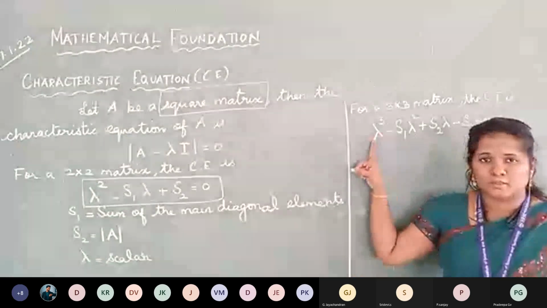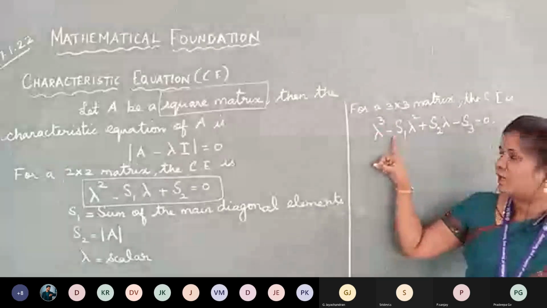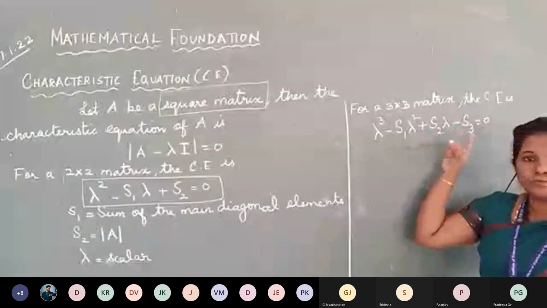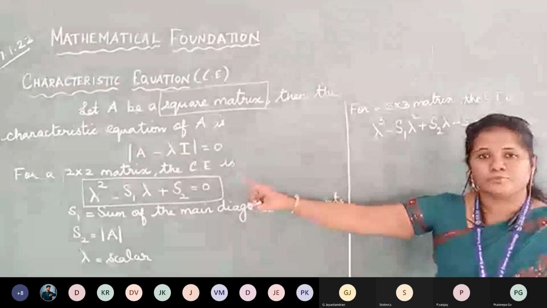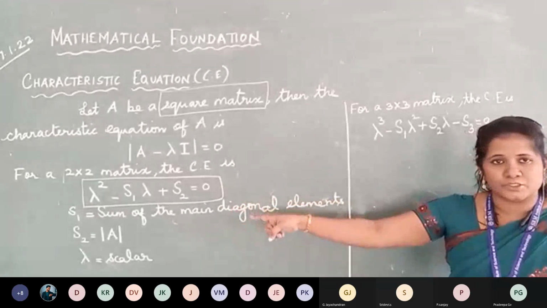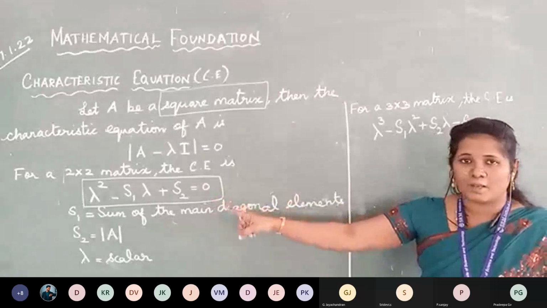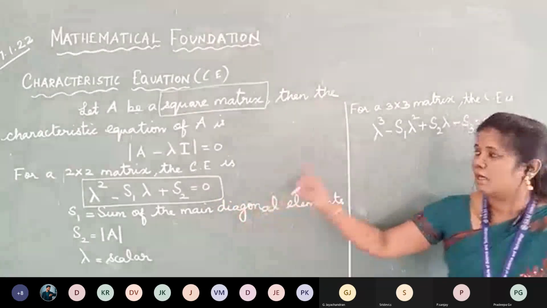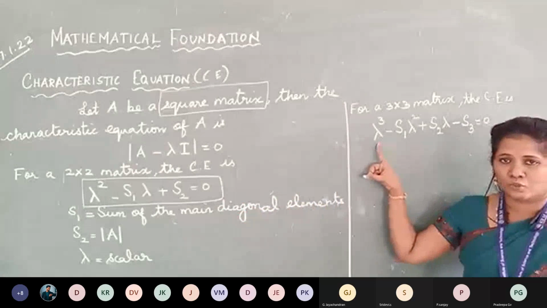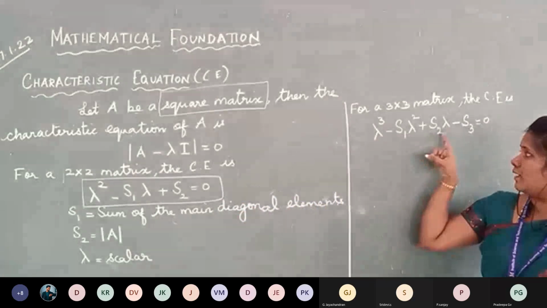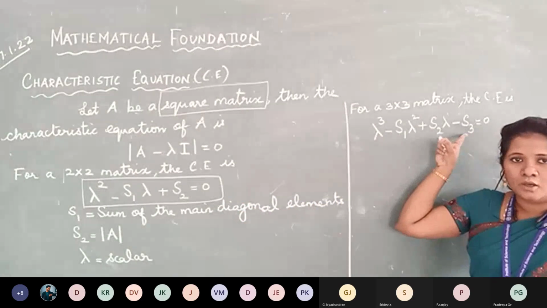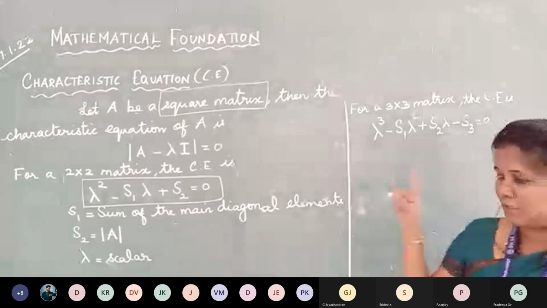Your first term will be addition, next term negative, then addition, negative. Similarly there also, first one is addition, negative, addition. You started with lambda square, the next term will have lambda, and the next term will have a constant. Here we are starting with lambda cube, next term lambda square, lambda, then a constant. So this is for a 3 cross 3 matrix.